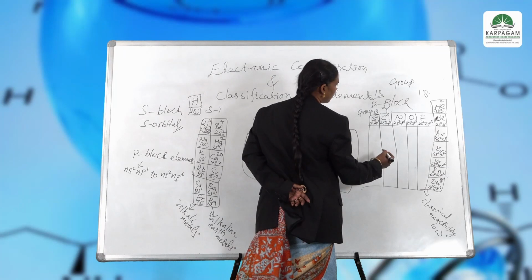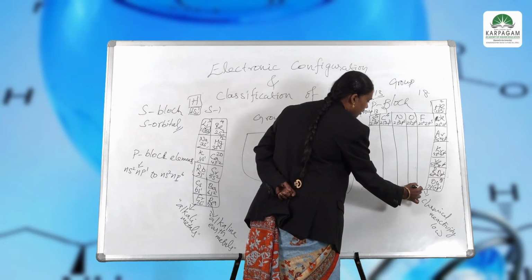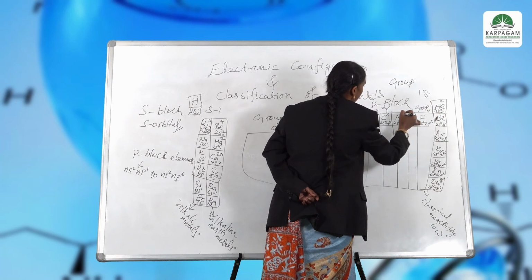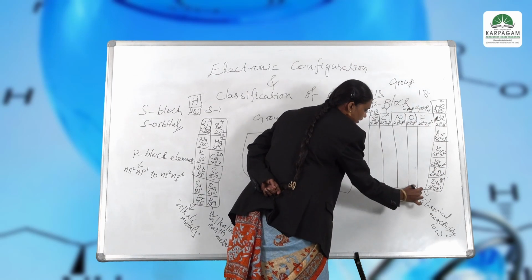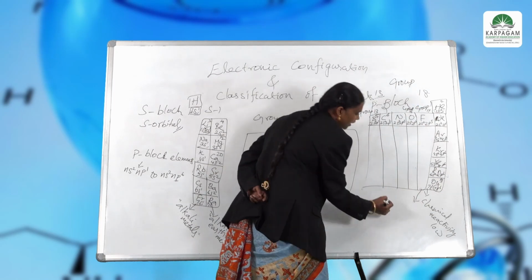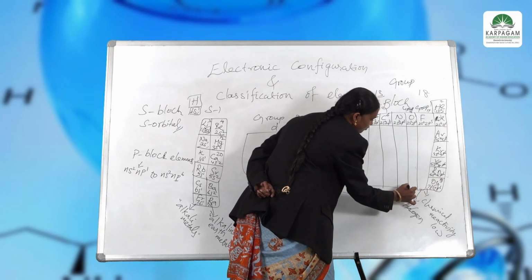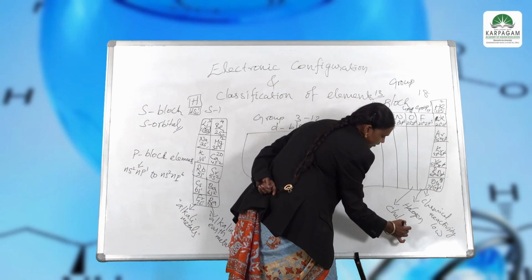In the p block elements, another two main groups are there: group 17 and group 16. Group 17 elements are called the halogen series, and group 16 elements are called the chalcogen series.